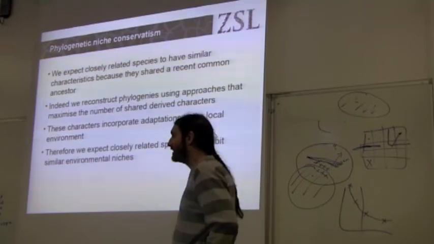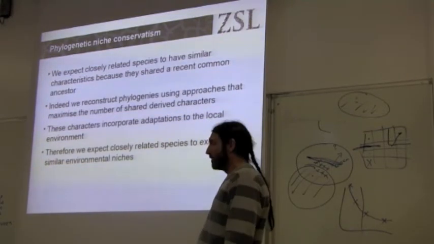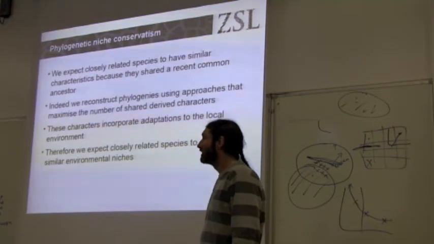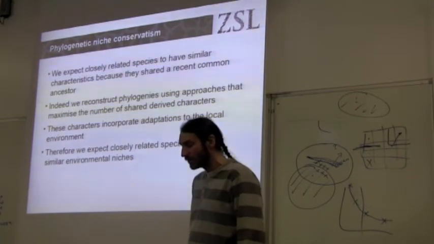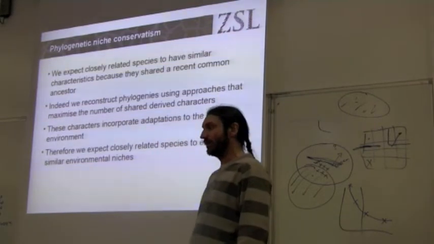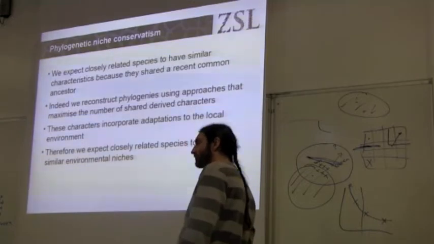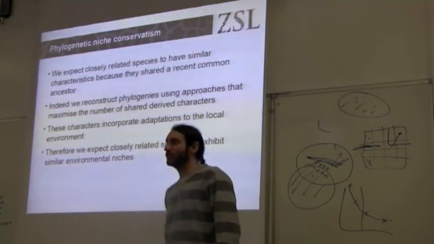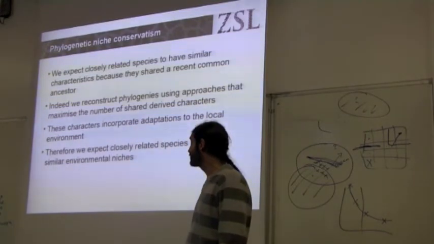Okay, so reiterating the point that we expect closely related species to have similar niches, okay? And that's because they tend to share similar characteristics, and the inference is that they share adaptations to particular climatic regimes, therefore they should have similar tolerances to these climatic regimes.